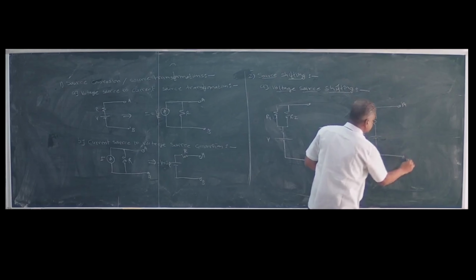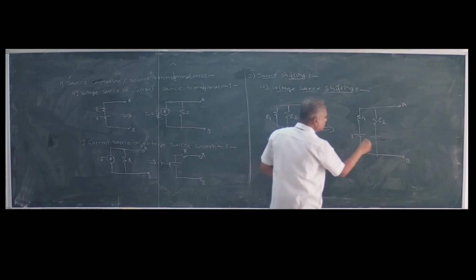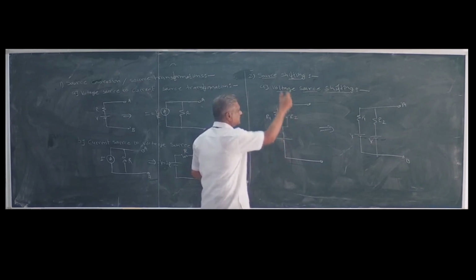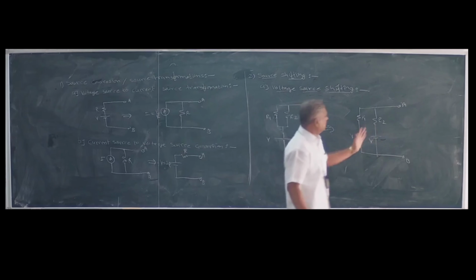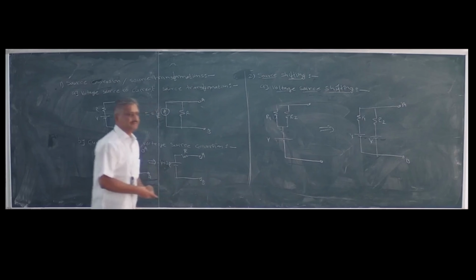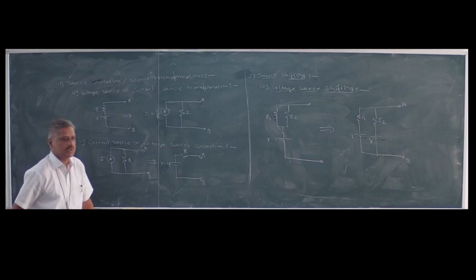This is A, this is B. Here is R1, this is R2 again, and this V. This V can be connected in this branch as well as in the second branch, and both branches are parallel, and this is nothing but voltage source shifting.